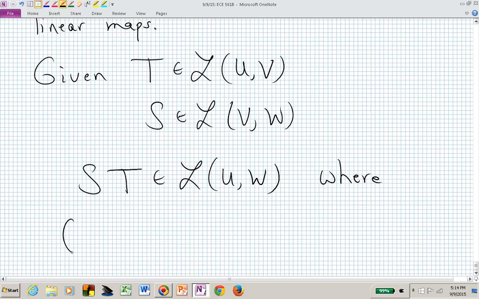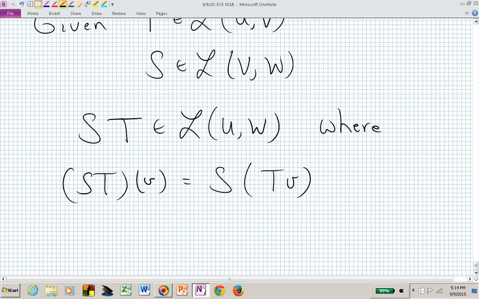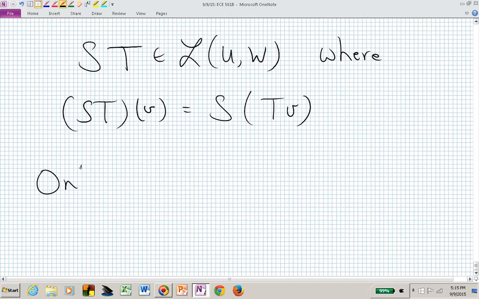where ST operating on v is really equivalent to S operating on Tv. But what we have to realize is that this sort of multiplication of linear maps only works when we have some compatibility conditions.